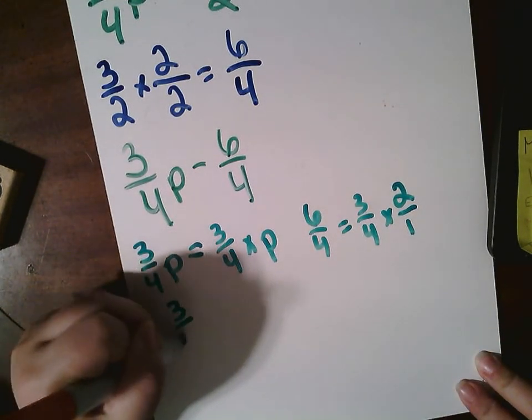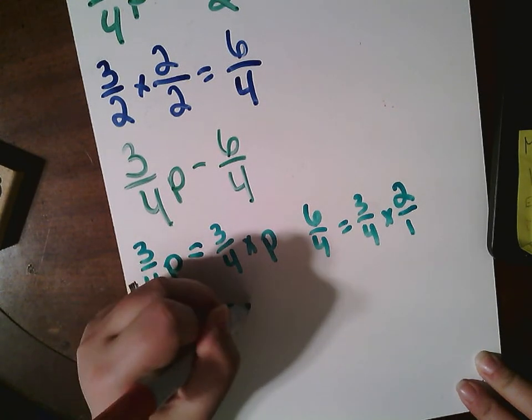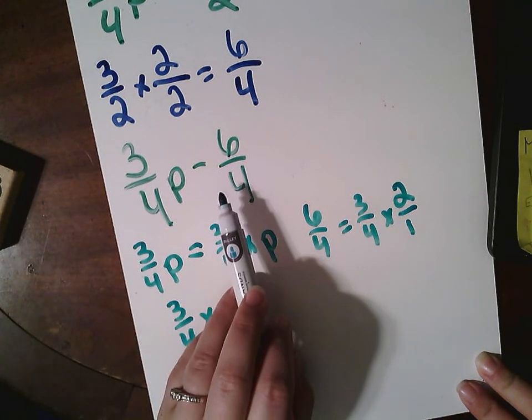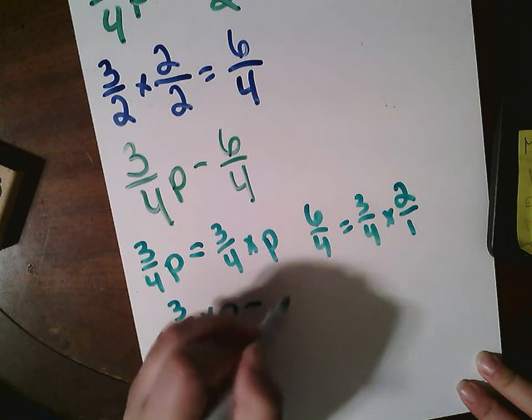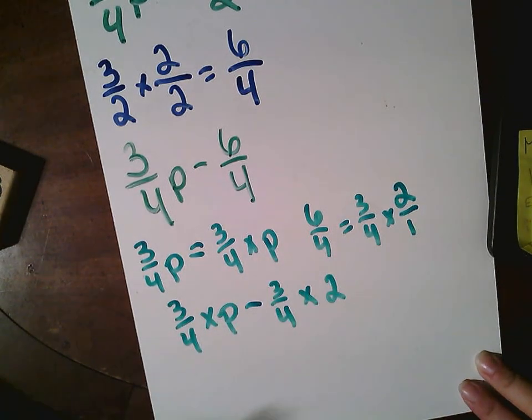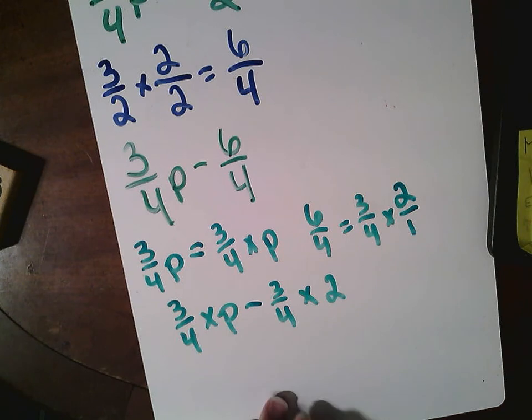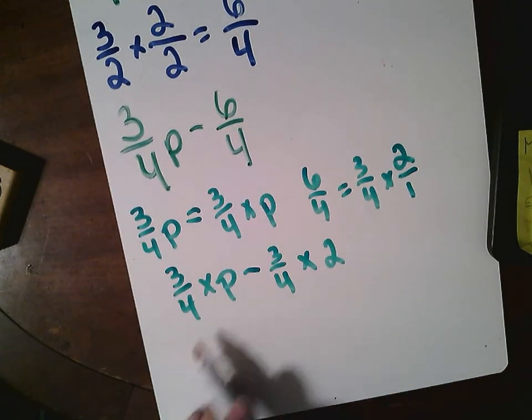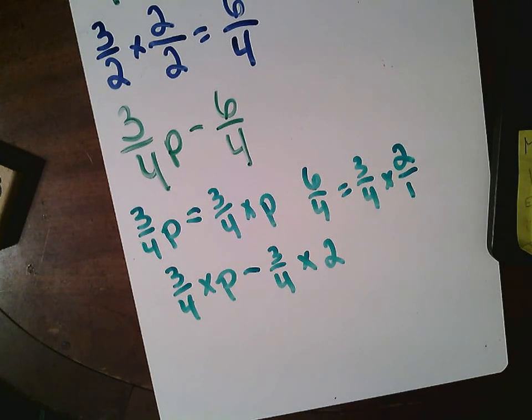So 3 over 4 times p, and we were subtracting, so we're going to subtract down here. We're going to have 3 over 4 times 2. Remember that 1 you don't really need at the bottom there. You can write it, you don't have to write it. I'm happy either way. So now we're going to use that distributive property to combine what we need to and pull out what we need to.